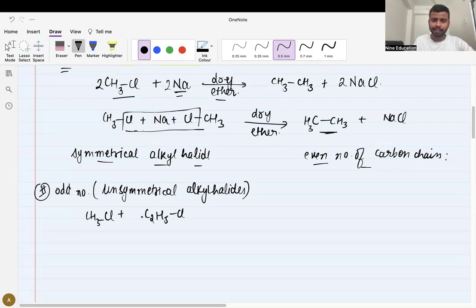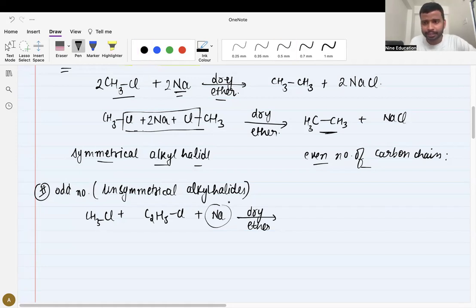Two alkyl halides I have, one with even, one with odd. And sodium in dry ether I am putting. So what will happen? This Na and this Cl, है ना? This Na and these two Cl will go.